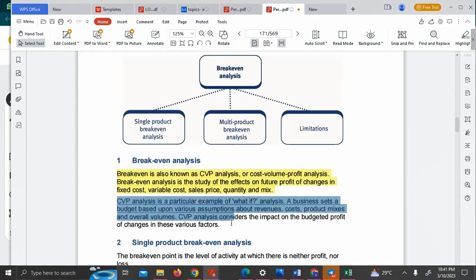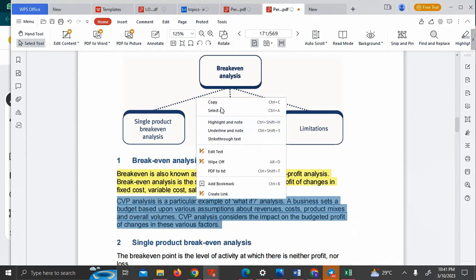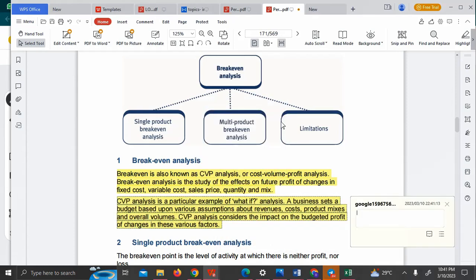So the CVP analysis is a particular example of a what-if analysis because it's analyzing the revenue, cost, and volume that can produce a certain amount of profit.